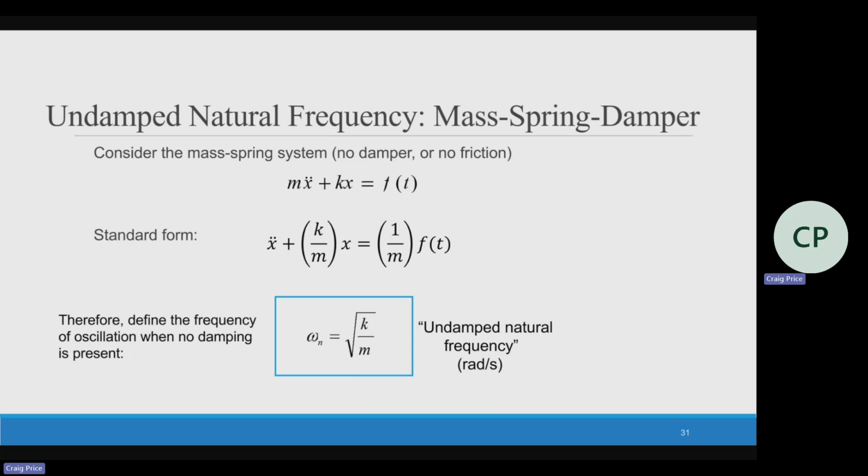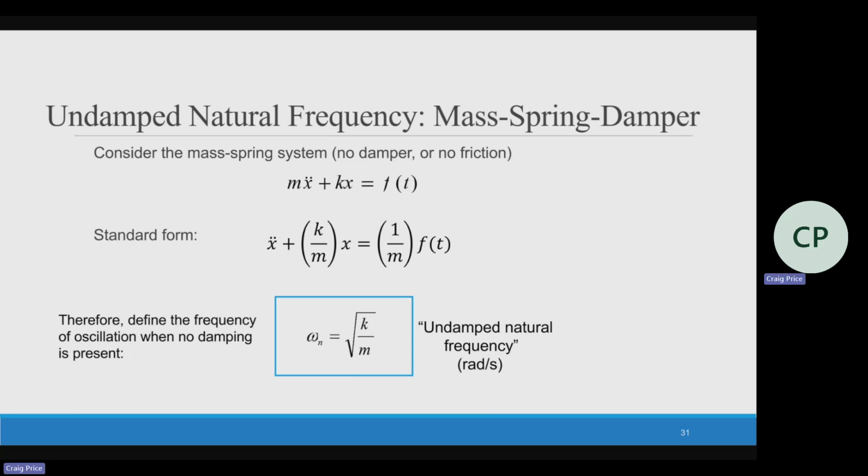This is the natural frequency of a mechanical system, a standard MBK system. Now, the frequencies we're going to see might be slightly off from that, but this is the natural frequency I get. If there was no damping present, this is the frequency that object's going to oscillate at. So if I increase the mass, the frequency goes down. If I increase stiffness, the frequency goes up.